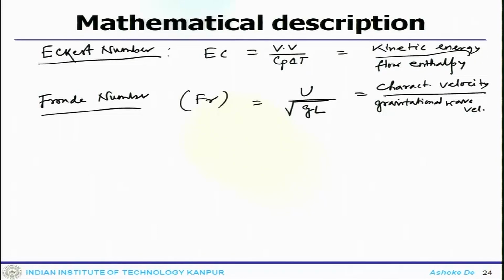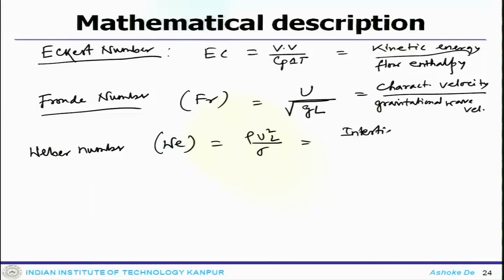And when you deal with a multiphase system, then you come across the Weber number, which is rho u square L by sigma, the ratio between inertia forces to surface tension forces.